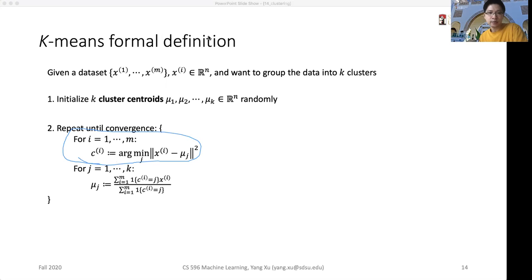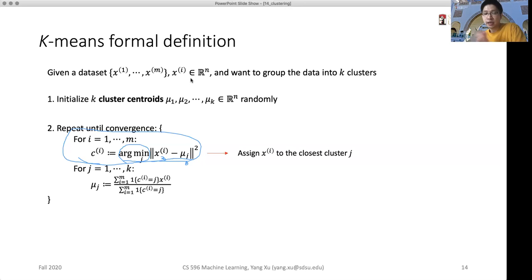So this argmin means that we find the j that minimizes the distance from the current data point x i to the target centroid mu j. Okay, and this distance can be Euclidean distance or other types of distances. So anyway, this is the coloring step. We will assign the data points to the closest cluster j.